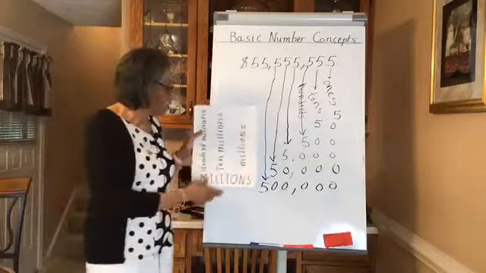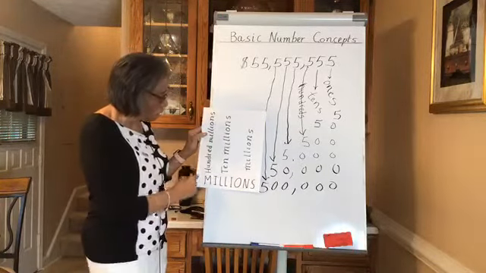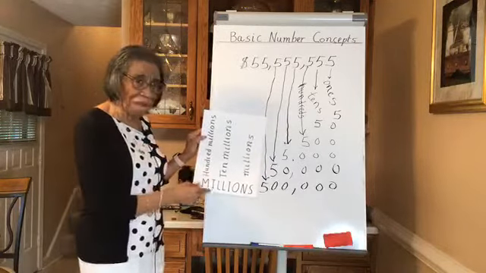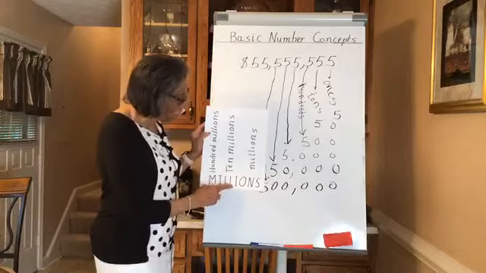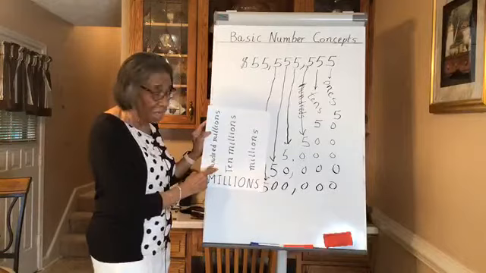The second one is named 10 millions. And the third member is named 100 millions. So it worked out that they all have the same pattern. The first member of the family is named after the family name. The next one is 10. And the next one is 100.